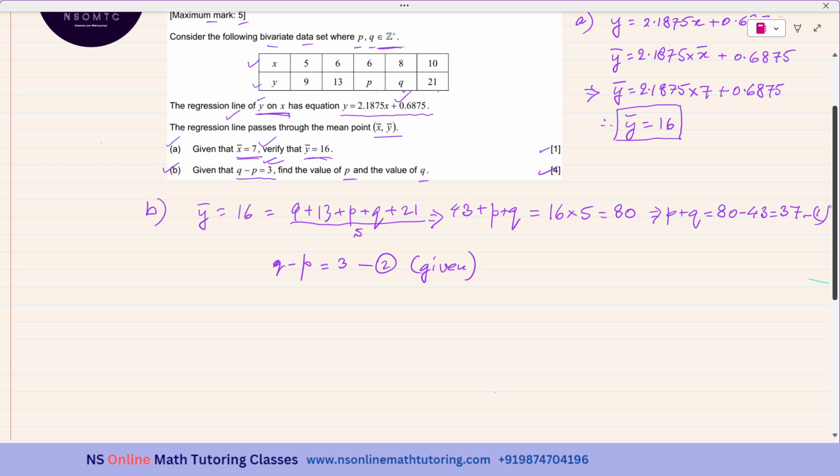And that is P plus Q, so let me write Q plus P. This is equal to 37. And I'm adding these two. So this is 2Q equal to 40, which implies Q is equal to 20.